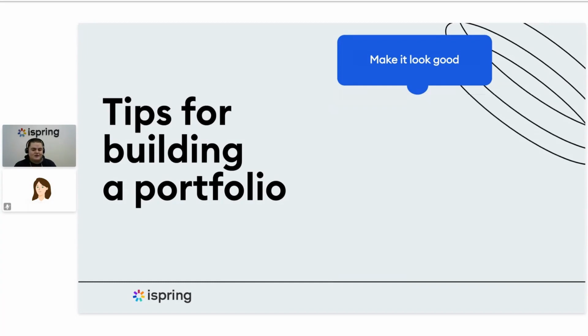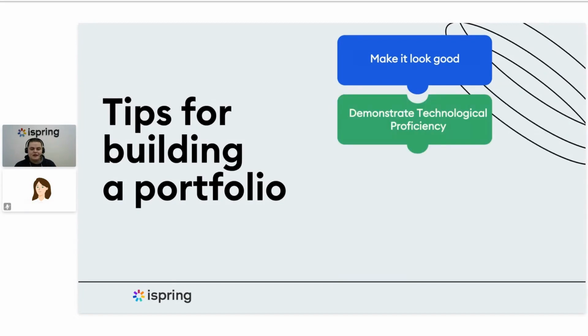Okay, now let's move on to the next tip, and it's about demonstrating technological proficiency. Highlight your proficiency in instructional design tools and technologies. Include information on software platforms, authoring tools, learning management systems, LMS, or any other relevant technical skills.